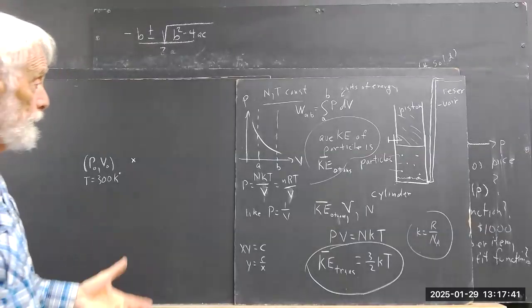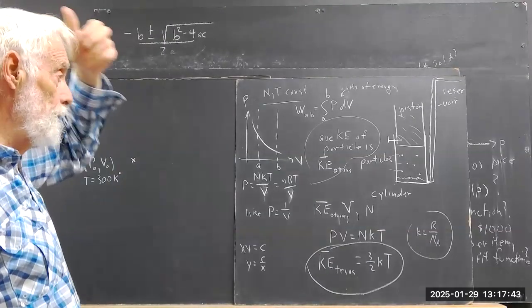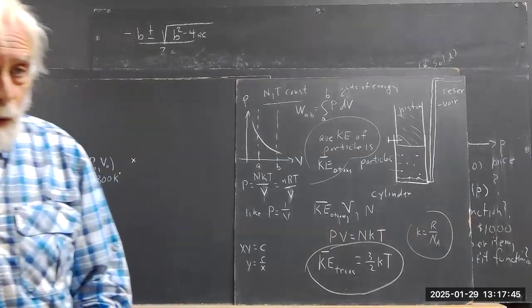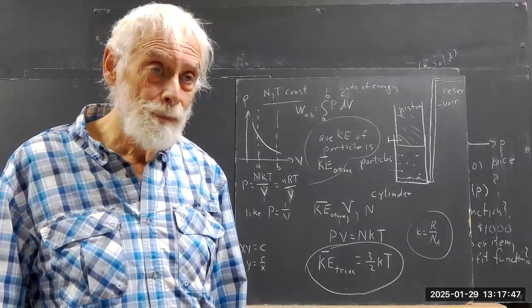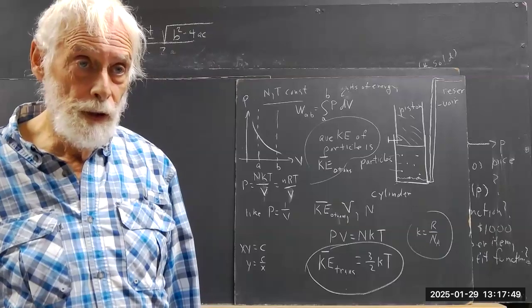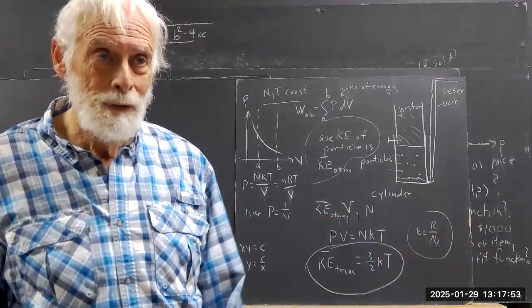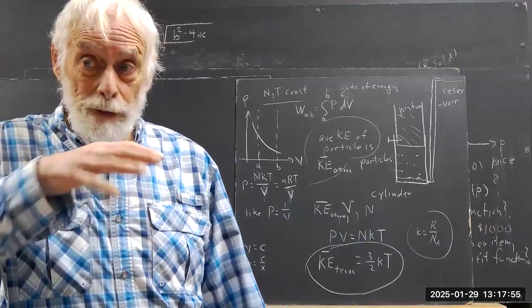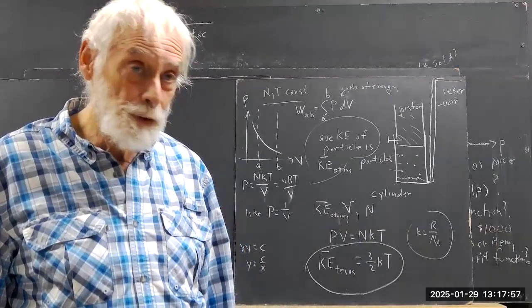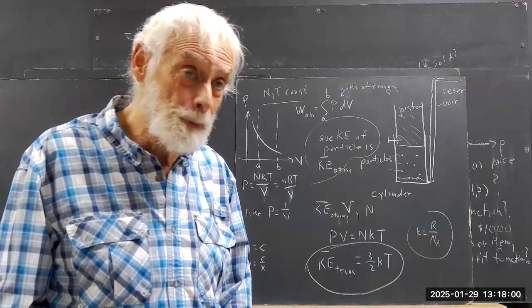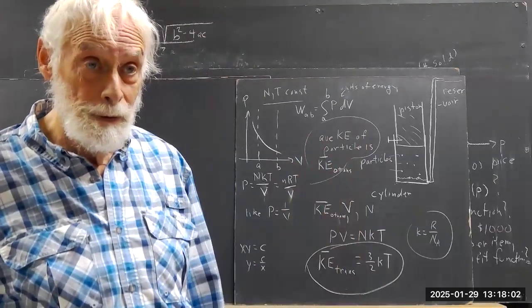What does the graph look like if we heat the thing up without changing its volume? Well, what happens to the pressure? We heat it up without changing its volume. Goes up. You heat something up at constant volume, pressure goes up.